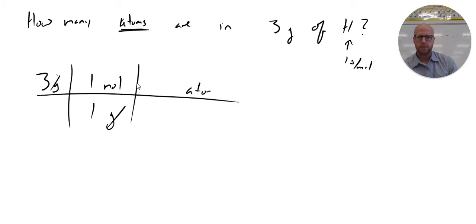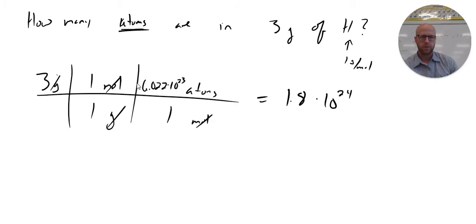So I want atoms up top and moles in the bottom. Well, I know there's 6.022 times 10 to the 23rd atoms per every 1 mole. So my moles cancel. Now I'm left with 3 times 1 times 6.022 times 10 to the 23rd, divided by 1, so that's 1.8 times 10 to the 24th atoms.